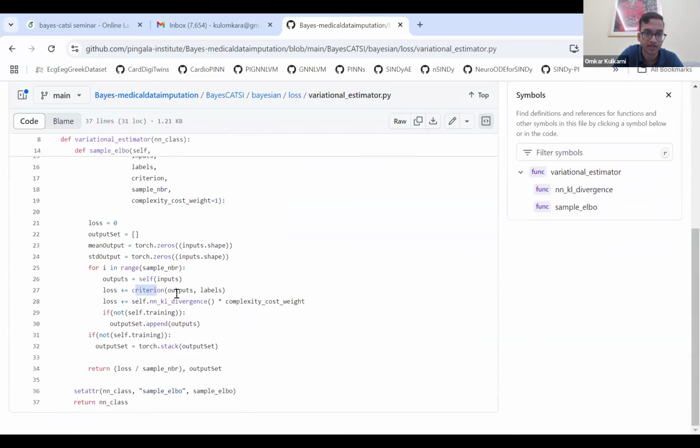Here, the criterion output comma labels represents the likelihood cost from the loss function that has been explained in the slides, and this is the complexity cost, and we use a hyperparameter complexity cost weight, which is multiplied to the complexity cost here.